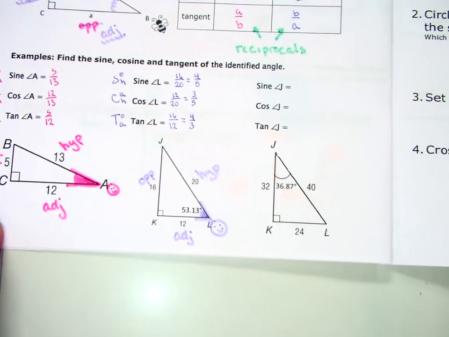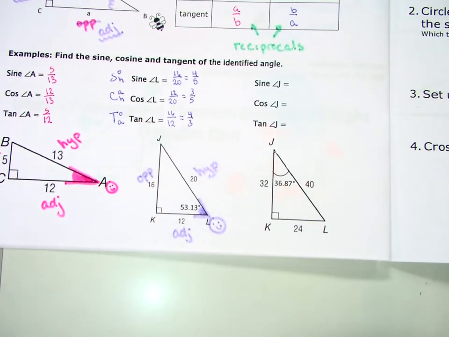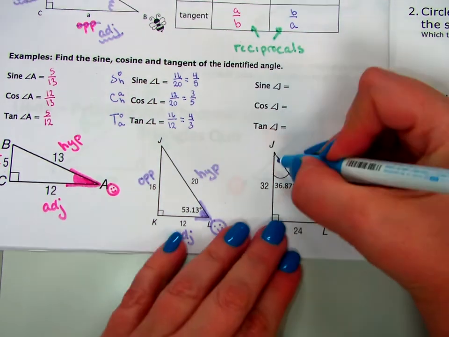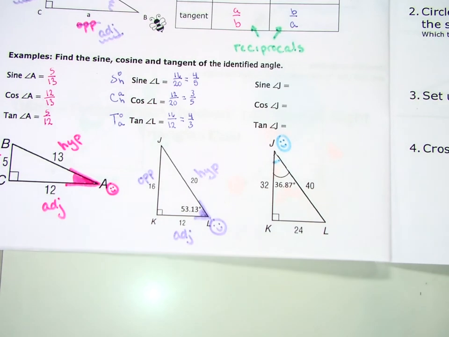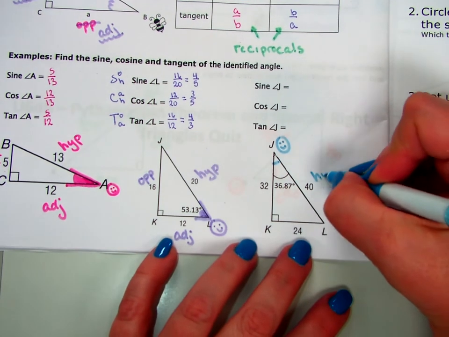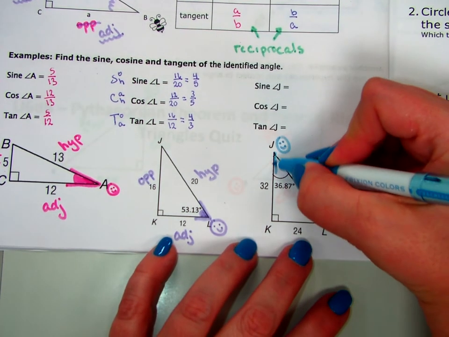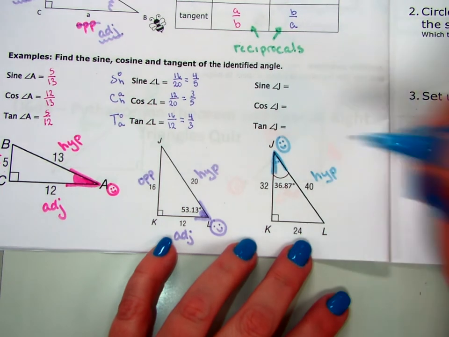Okay? One more. All right. The last one, we want sine, cosine, and tangent from angle J. So this time I'm standing up here at angle J. Which one's my hypotenuse? 24, 32, or 40? 40.